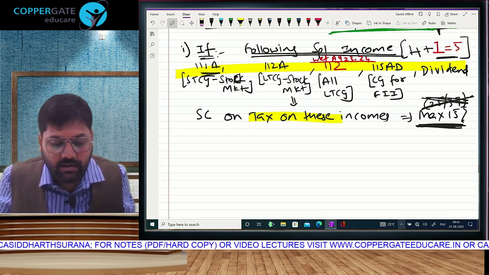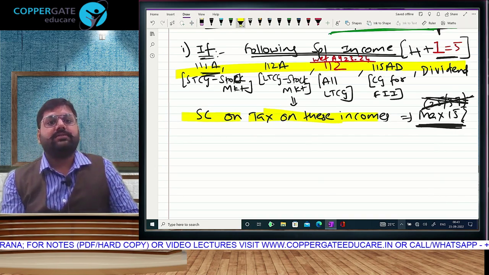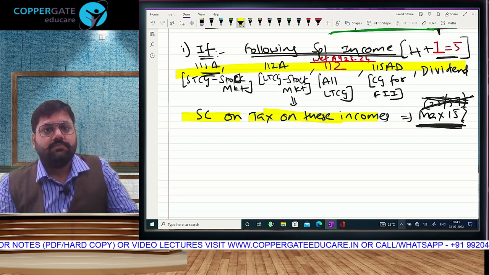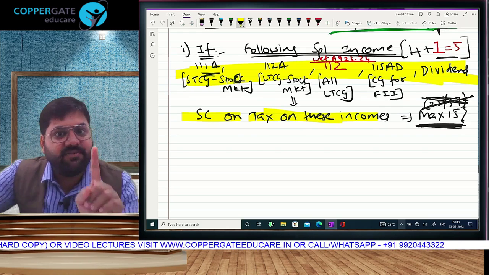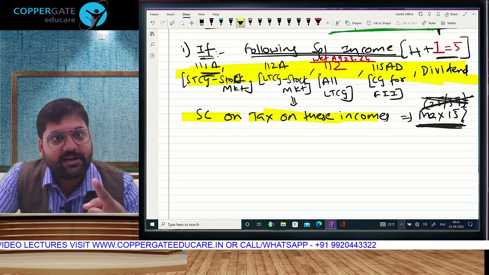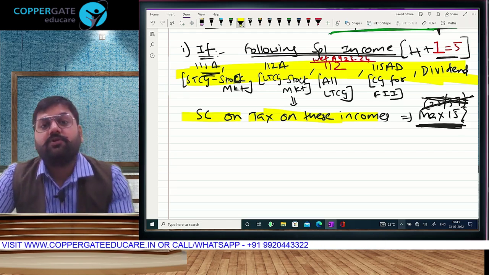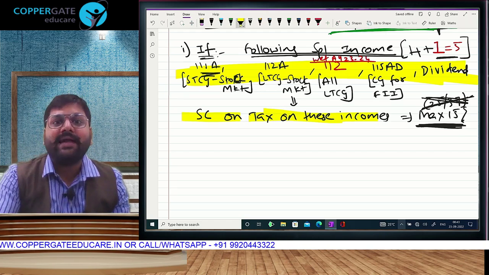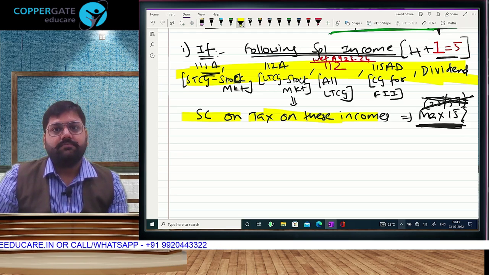My statement is that the tax on these incomes, on that the surcharge will be maximum 15%. Whatever tax is calculated on these incomes, first step will be to calculate basic tax. After we calculate basic tax, we apply surcharge. Whatever is the calculation on these incomes, on that the surcharge will be maximum 15%, not more than that.